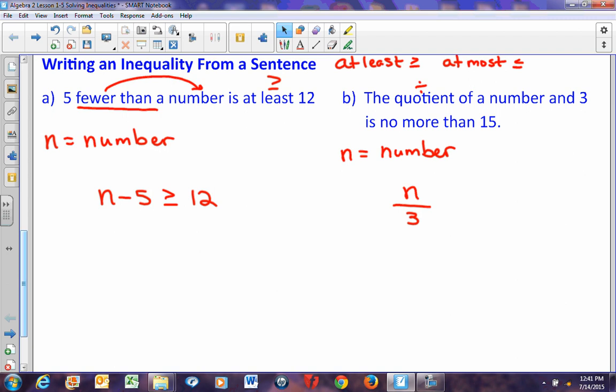So n/3 is no more than 15. When it's "no more than," that means it's less than. Could it equal 15? Yes, it potentially could equal 15, so "no more than" means less than or equal to 15. It didn't say less than, it said no more than. So no more than means basically at most.